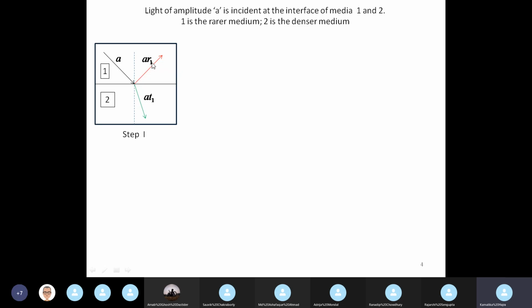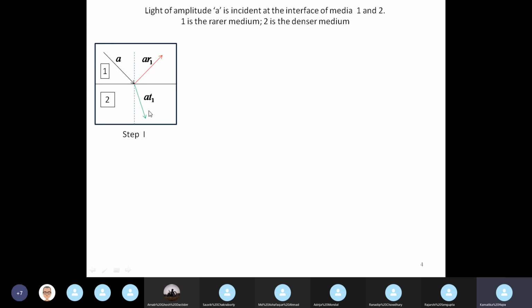R1 is a fraction, remember, always less than 1. The maximum value of R1 can be 1. So AR1 is the amplitude of the reflected ray, and T1 is the transmission coefficient when light is traveling from 1 to 2. So the amplitude of the transmitted wave is A into T1.